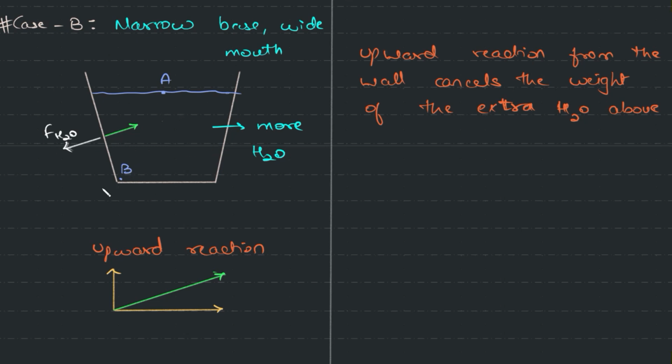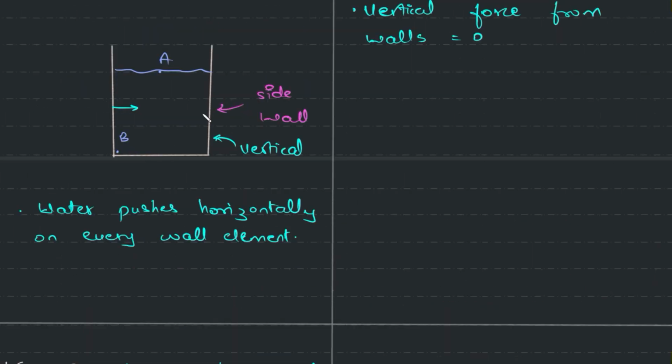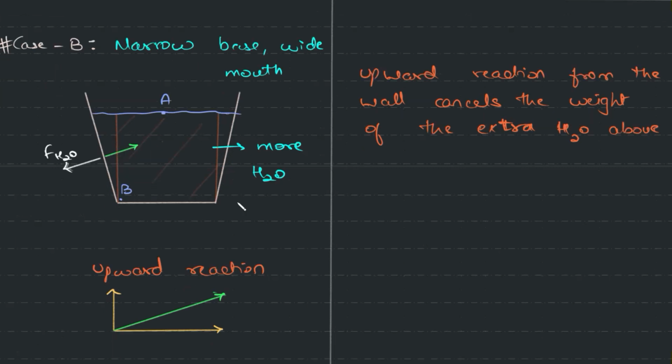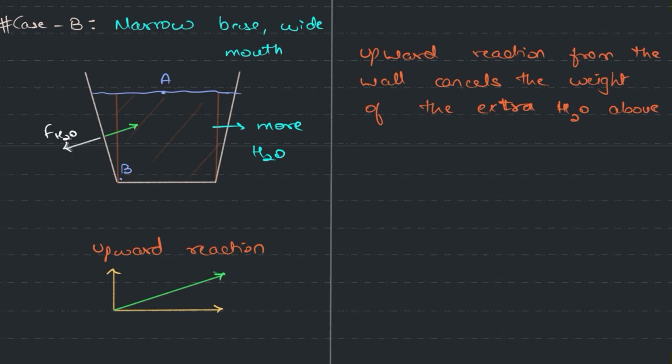So basically only this part will contribute to the, so you can see that it looks like a case A scenario, right? Only this part will be contributing to the downward push. Okay, so only the narrow vertical column directly above the bottom pushes things down.